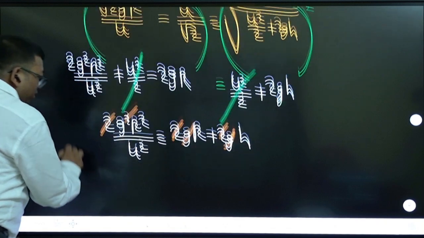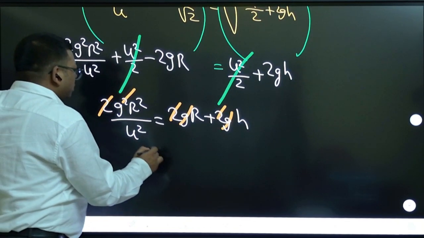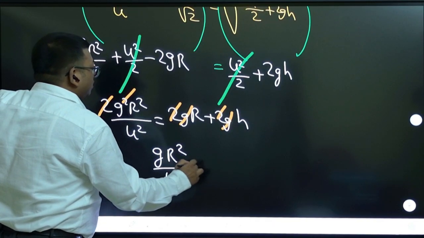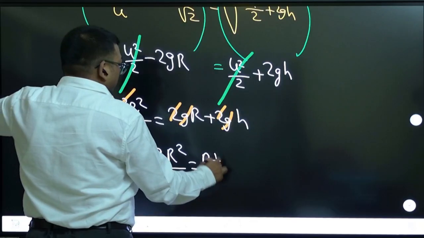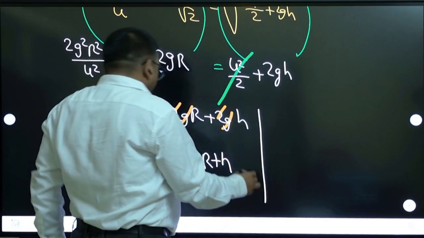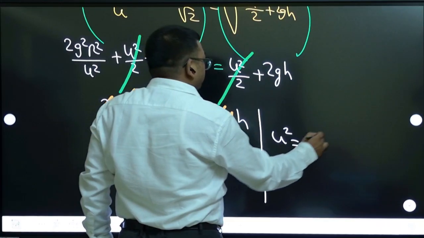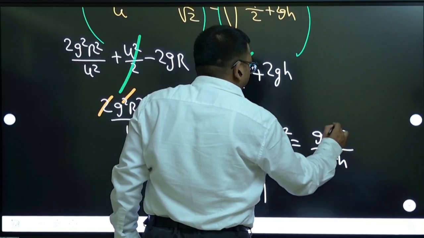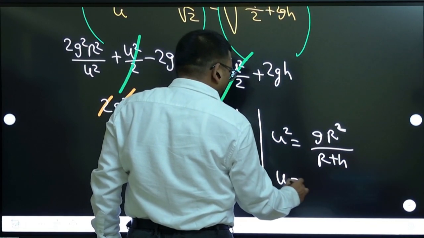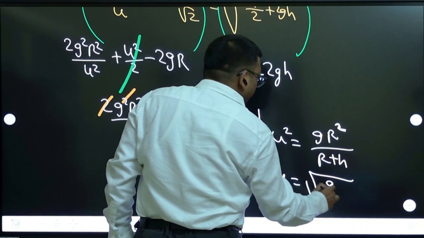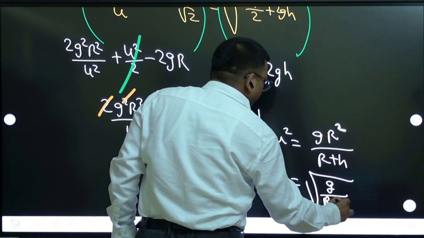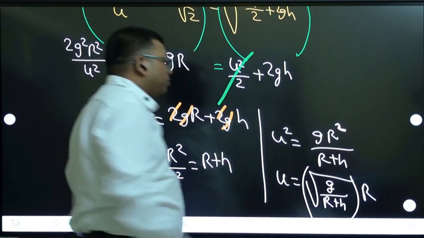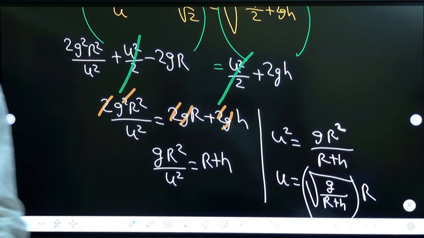So we are getting this as g r square by u square is equal to r plus h. I think we got the answer now. So u square becomes equal to g r square by r plus h. Now take under root. So u will become root under g by r plus h, and this r will come out of the root. This should be the answer. Let us check that.